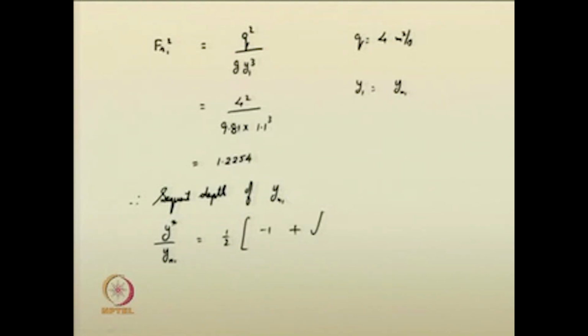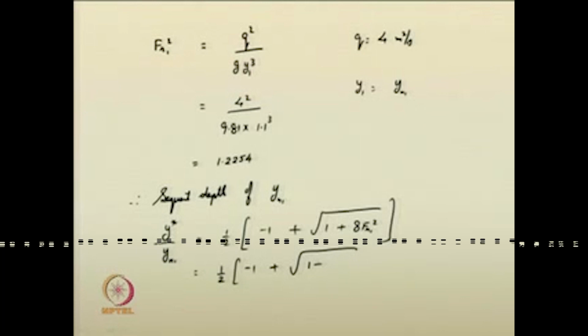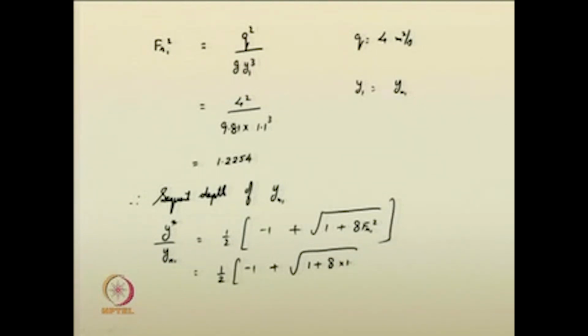So, half into minus 1 plus root of 1 plus 8 into 1.2254. From this ratio we get 1.1434. Therefore, y star, that is the sequent depth, is equal to 1.258 meter.